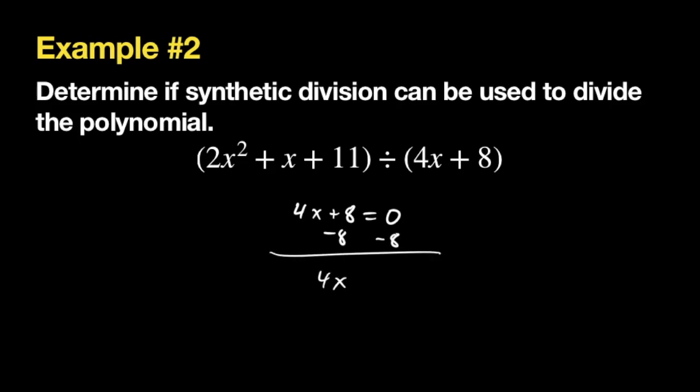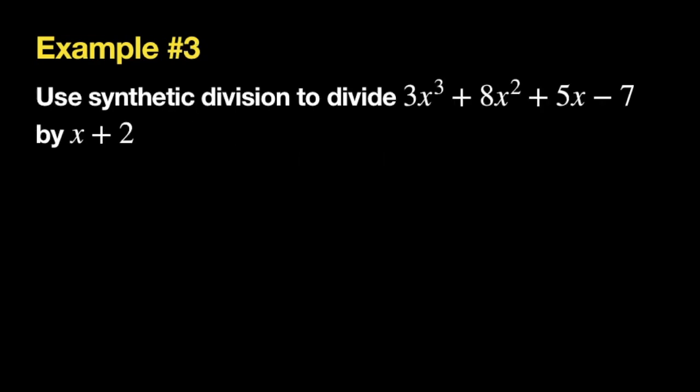For x is equal to -8, you divide by 4, you divide by 4, and you get x is equal to -2. Now, because there's no exponent, this is going to be effective to use synthetic division, and you're going to see why.